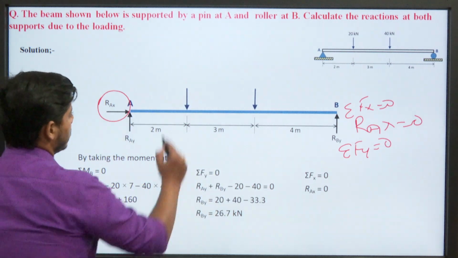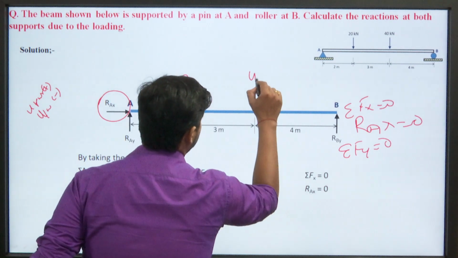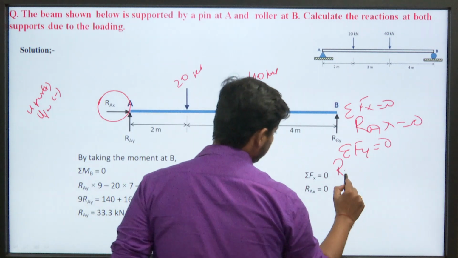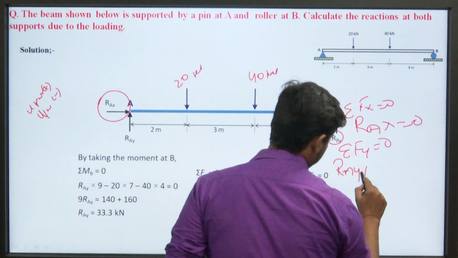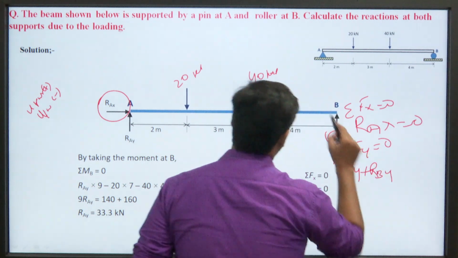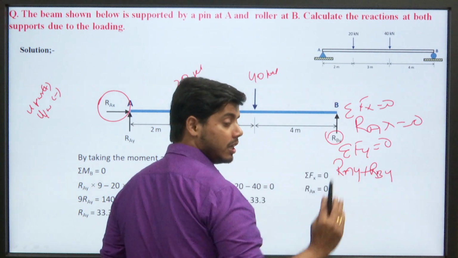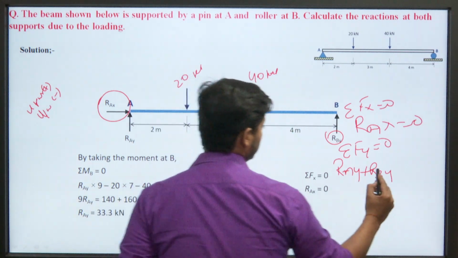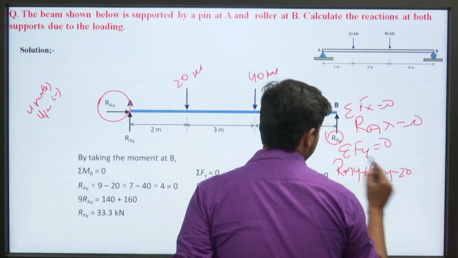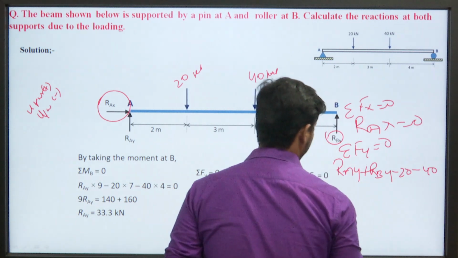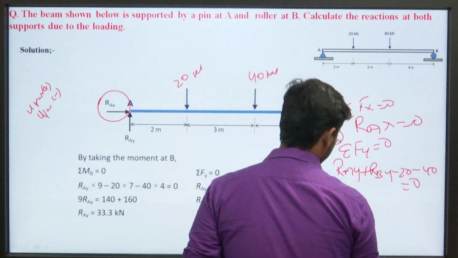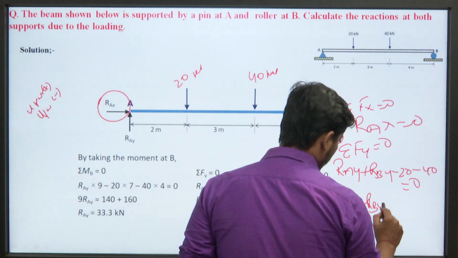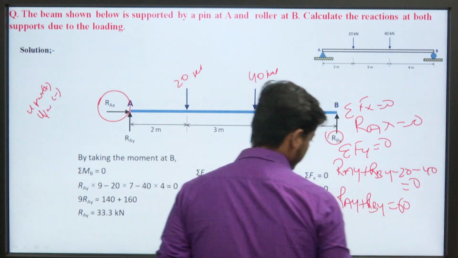They are RAY plus RBY, and taking upward forces as positive, the downward forces are minus 20 and minus 40, and the sum should be equal to 0. It means RAY plus RBY equals 60. Now, this is one equation.